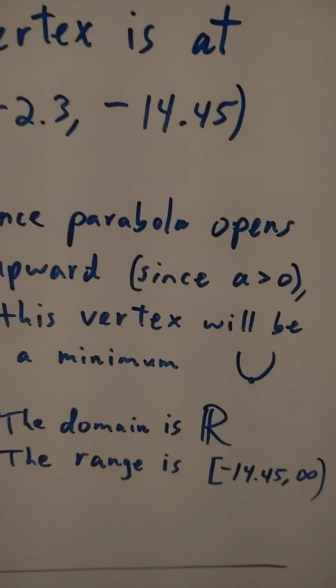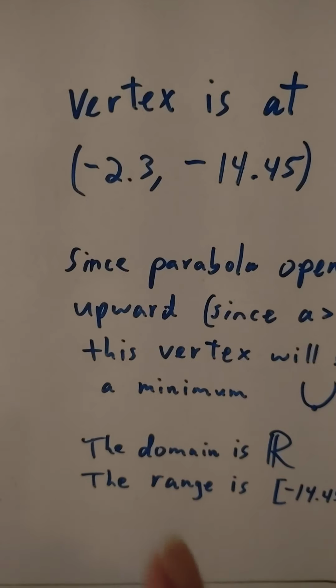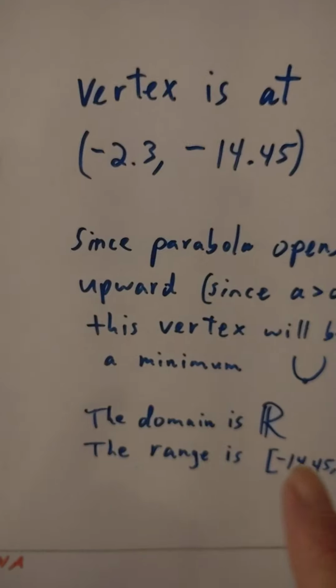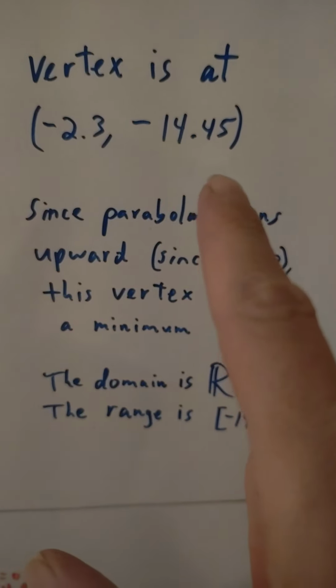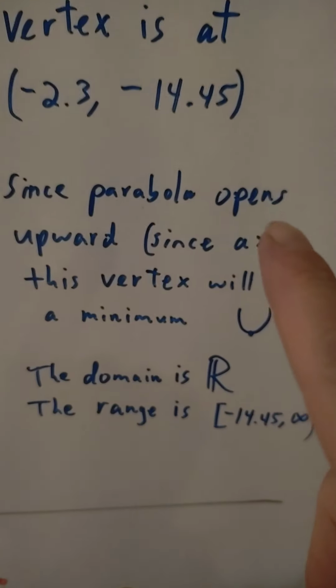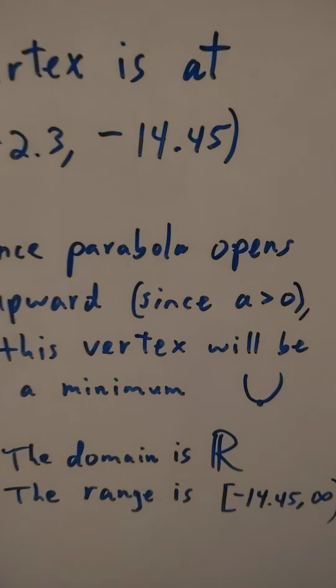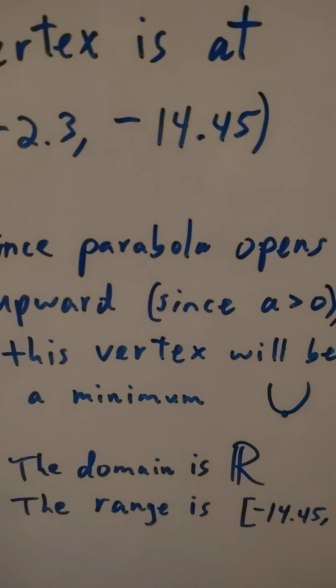That's the best way to do it. If it said, where does the minimum occur, then you can write it occurs at x equals negative 2.3. But here we're just asking what's the minimum. So you just say the minimum is negative 14.45, the y-coordinate of the vertex. You don't have to even write y equals.